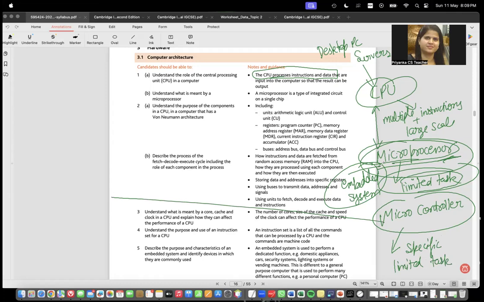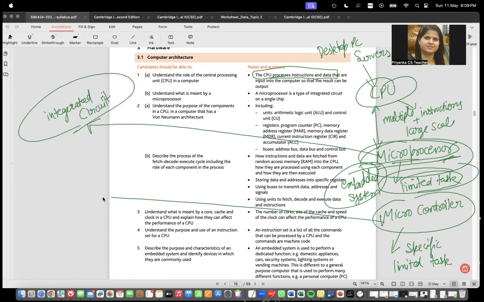So the question arises, what is the difference between a microprocessor and a microcontroller? A microprocessor is an integrated circuit, and it is used to perform specific tasks. Whereas a microcontroller is where we have the microprocessor plus RAM plus ROM and other peripheral components on a single chip.